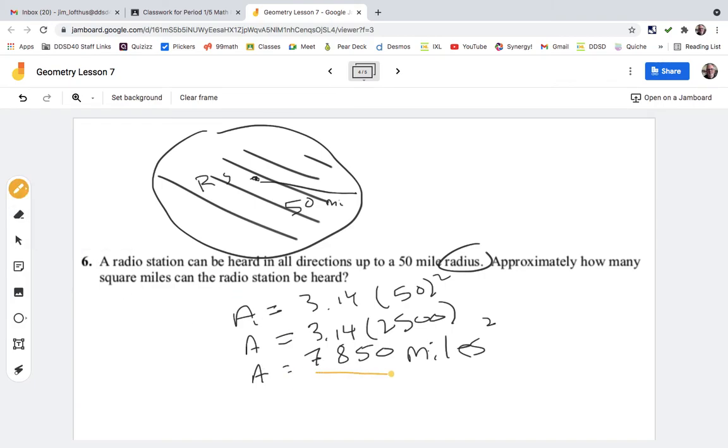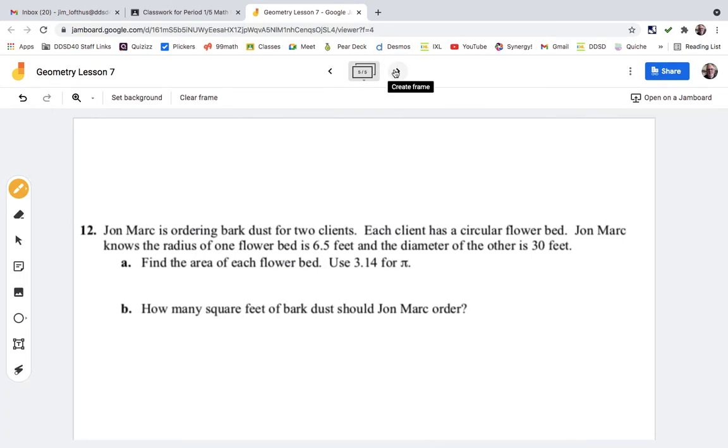And the last problem. It says John Mark is ordering bark dust for 2 clients. Each client has a circular flower bed. John Mark knows the radius of one flower bed is 6.5 feet and the diameter of the other one is 30 feet. All right, so let's just make a quick sketch.